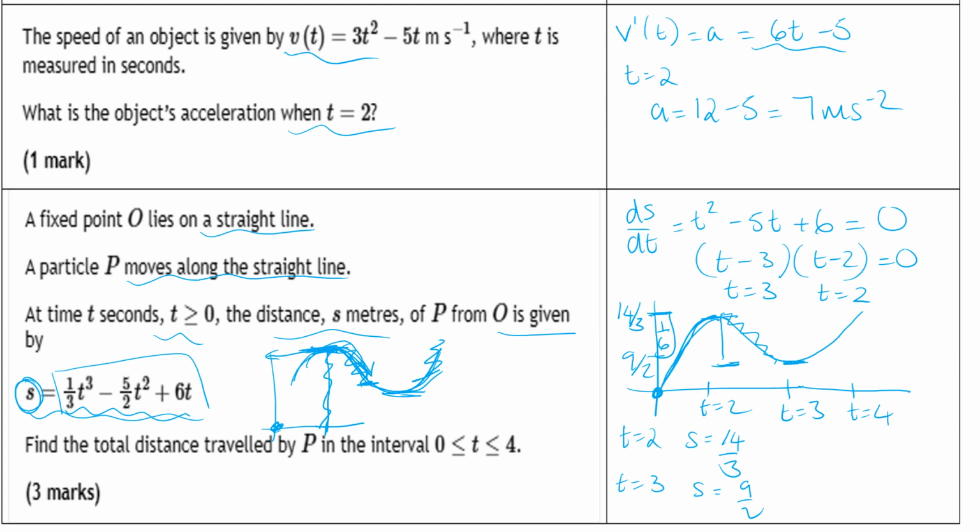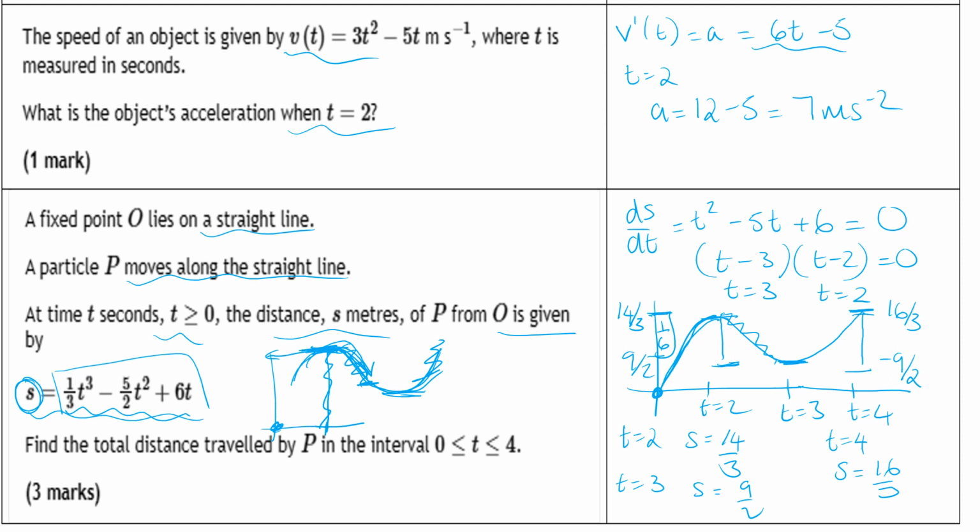But then we'll be this far away at t equals 3 from where we started, and we travel here. So if we do t equals 4 and get the displacement, it is going to be 16/3. So what's vertically this journey going to be?